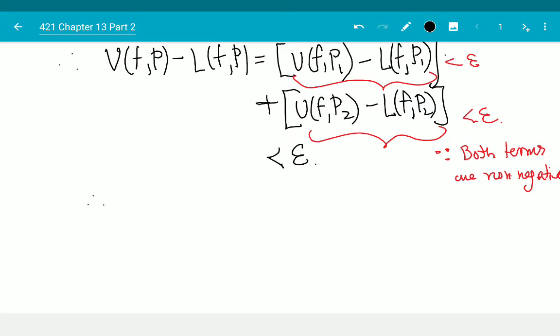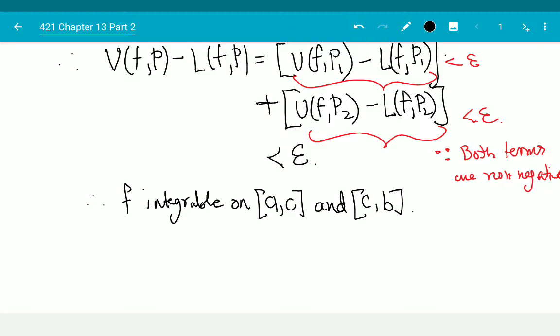Also, therefore f is integrable on AC and CB.